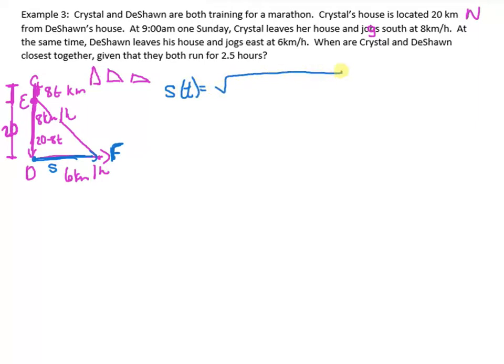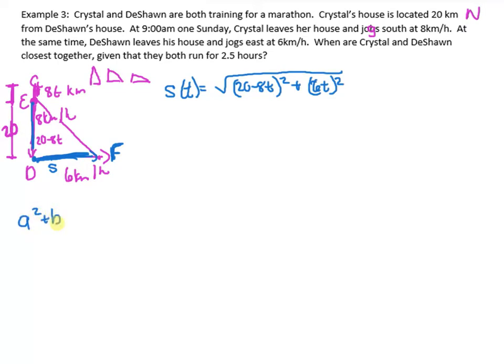Okay, so if we think about it, we're going to have this distance here, 20 minus 8T, squared, plus some distance DF, which is 6T, and we can square that, because we're using Pythagorean theorem.